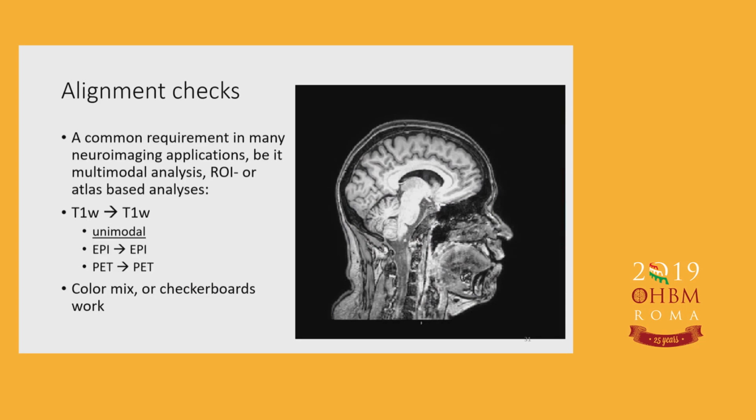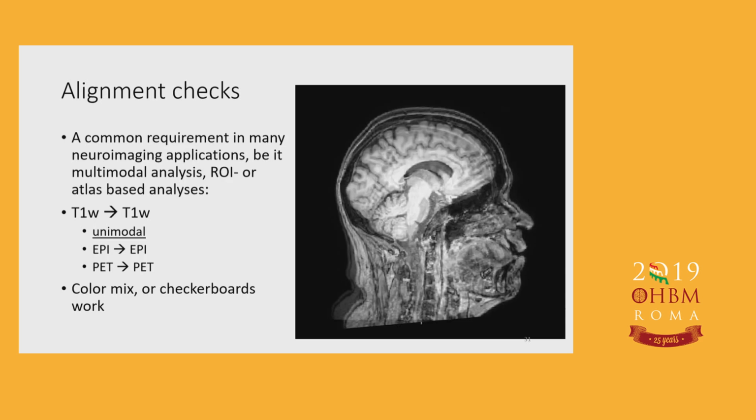One more important use case for QC in T1 weighted MRI is knowing how to do alignment checks quickly. A common requirement is, for example, if you need to ensure alignment to an atlas. There are many ways to do this.